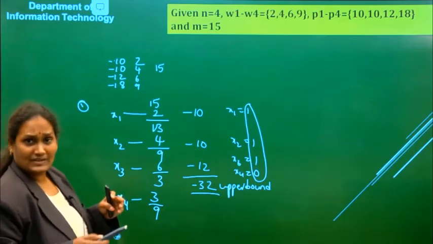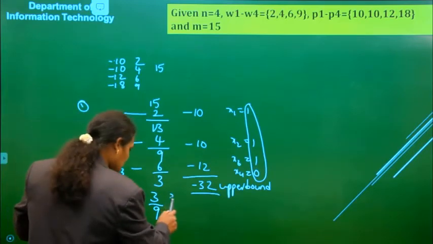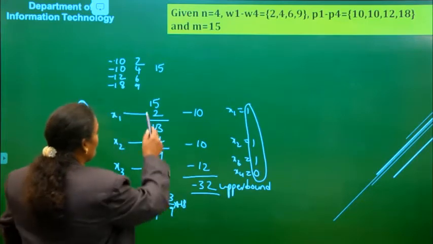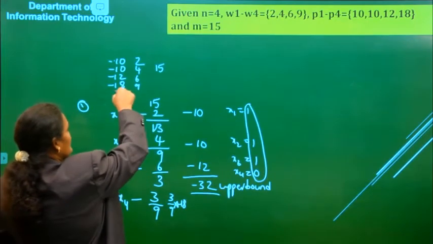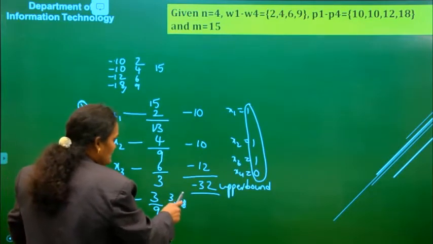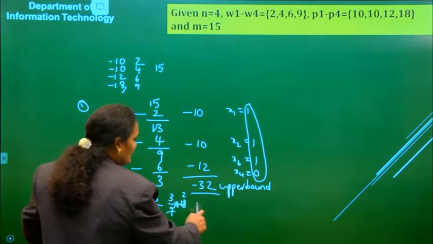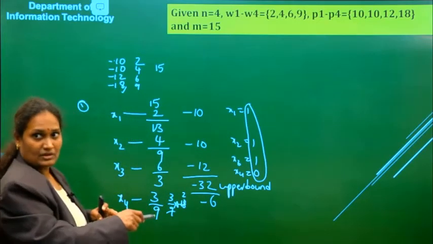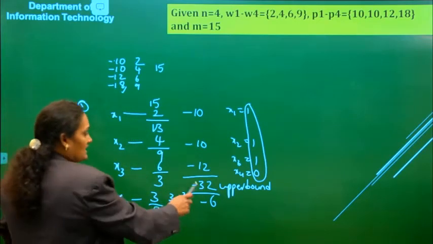Now, what profit can I earn? This much profit only I can earn: 3 by 9 into minus 18. Since its profit is 18, we are taking minus 18. 9 ones, 9 twos. So the total profit because of this 3 by 9th part of object 4 is minus 6.